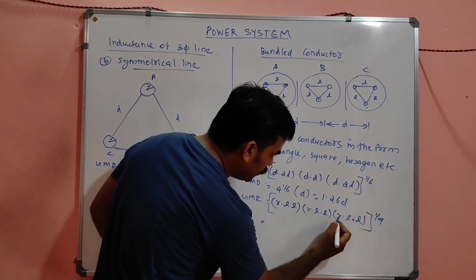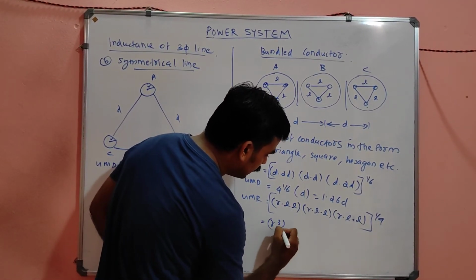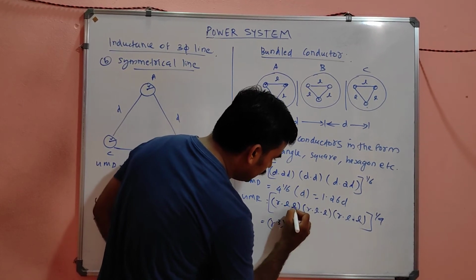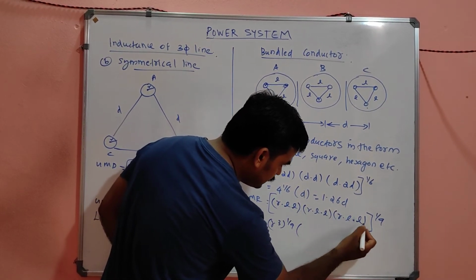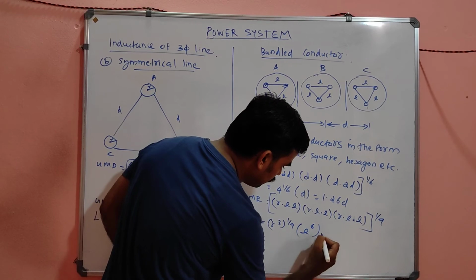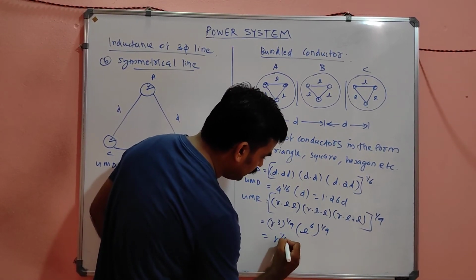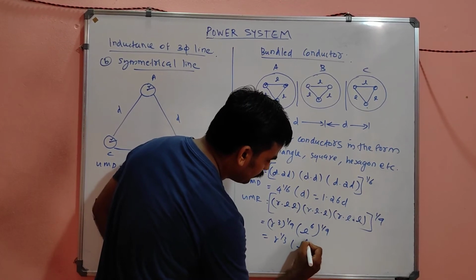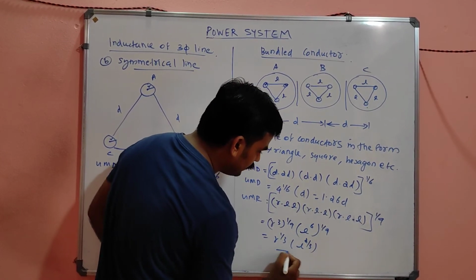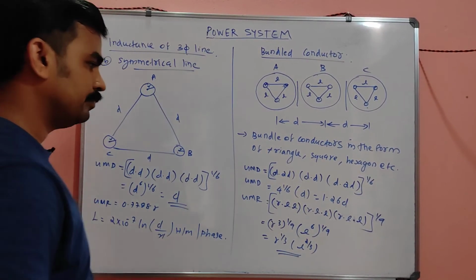R into R into R cube raised to 1 by 9 into L, 1, 2, 3, 4, 5, 6, L raised to 6 whole raised to 1 by 9. So it will become R raised to 1 by 3, L raised to 2 by 3. That will be GMR.